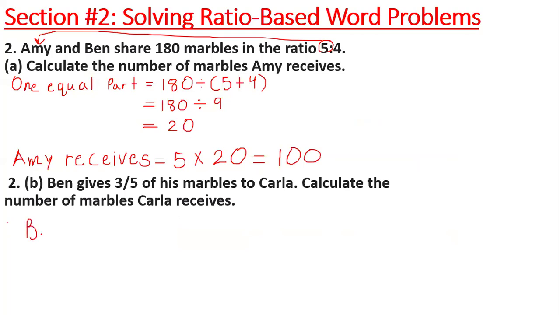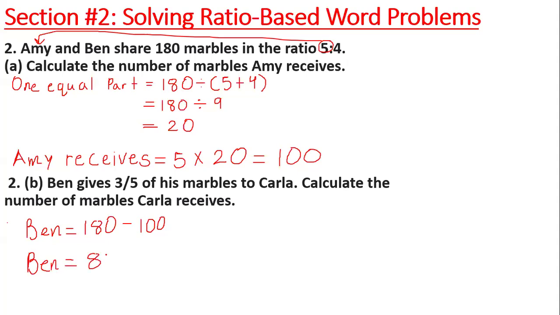Okay, good. So Ben is going to be equal to 180 minus 100. So Ben is equal to 80.